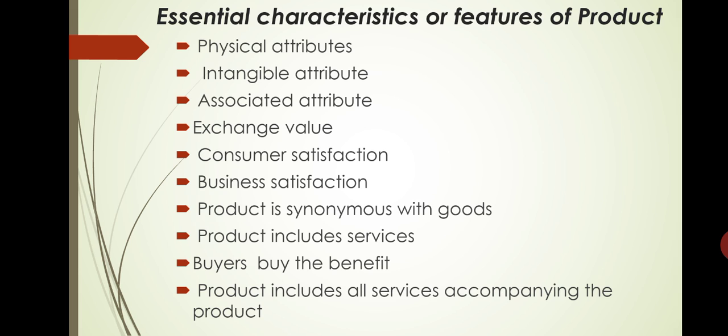A seller may be selling the product to meet a social need. Take for example, when a seller is selling some oil which is free from cholesterol, he is not only selling a product which fetches profit, but also a product satisfying a societal need, that is cholesterol free oil.